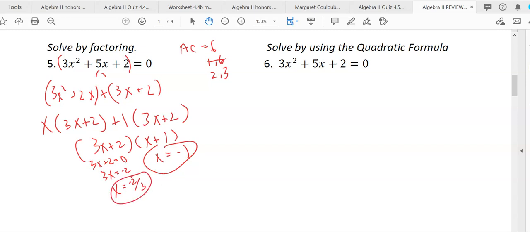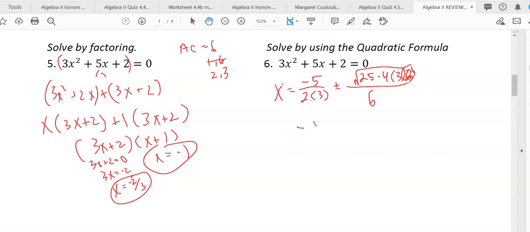Then solve using the quadratic formula. That would be x equals the opposite of b, so the opposite of 5, over 2 times 3, plus or minus the square root of 25 minus 4 times 3 times 2. Oops, that's a 2. So that's 6 times 4 is 24.